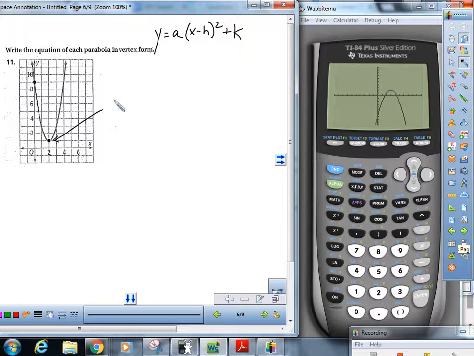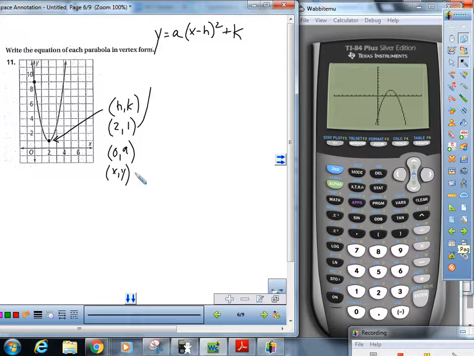That is that point right there. That's the vertex. So in this one, that is 2, 1. We also know that the point 0, 9 is on our graph. Well, we could have used any point, but that one's nice and convenient. 0 is our x. 9 is our y.